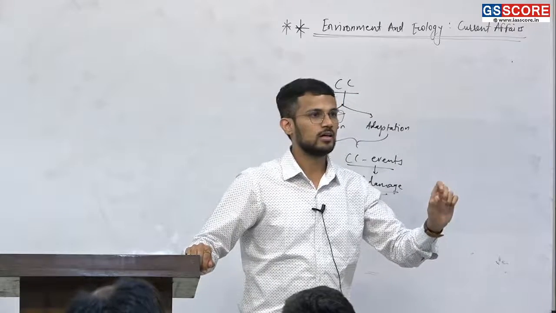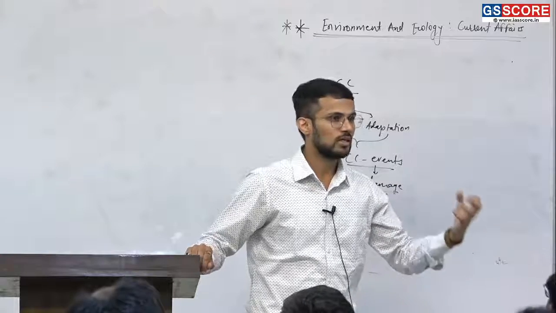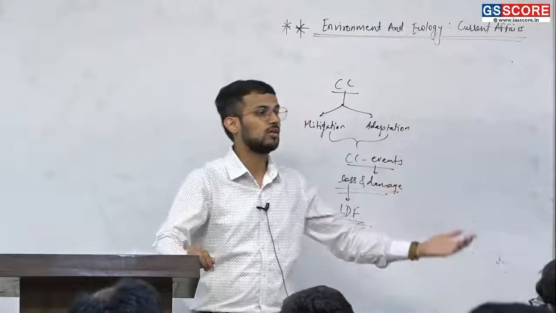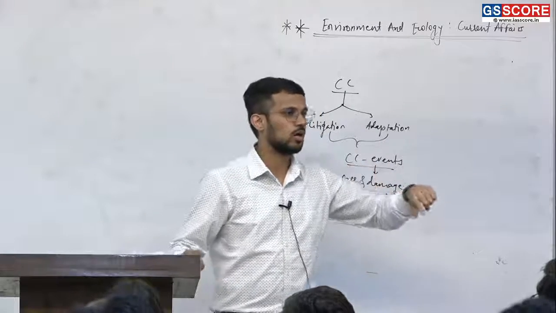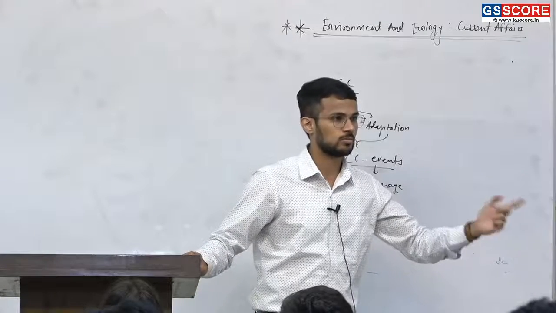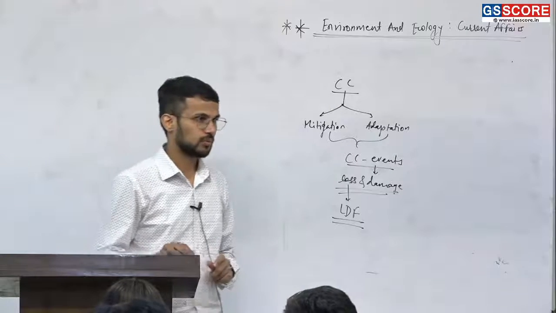That means it can even include practices like agroforestry, right? What is agroforestry? To cultivate forest crops, forest trees on agricultural land, right? So this kind of approach through agroforestry, wherein we are trying to conserve ecosystem, is called agroecology.